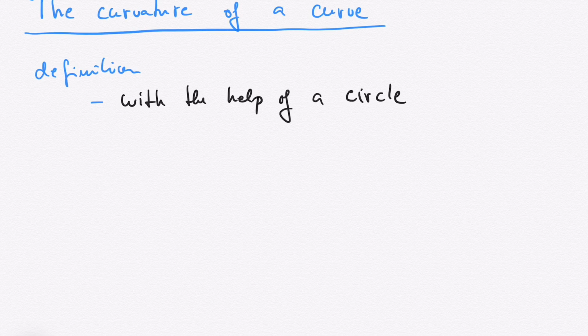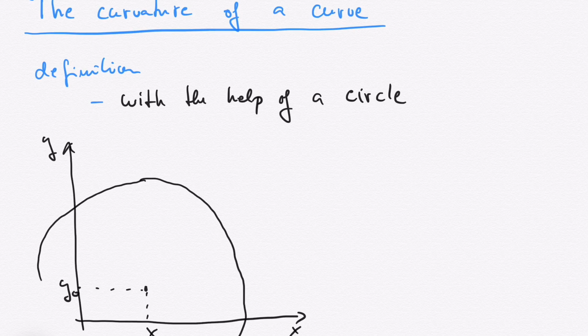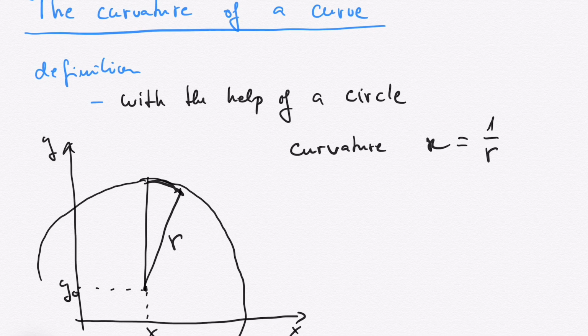Here are the axes, y and x. This is the center of the circle with its coordinates, and this is a circle by definition. It has a radius r. Now the curvature will be defined as, actually there is a mistake, there should be minus 1 over r.